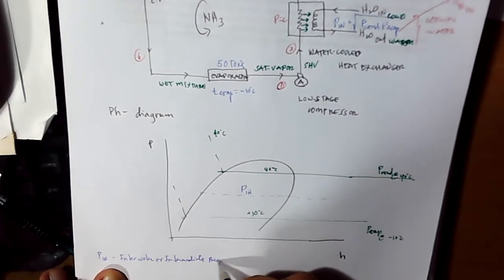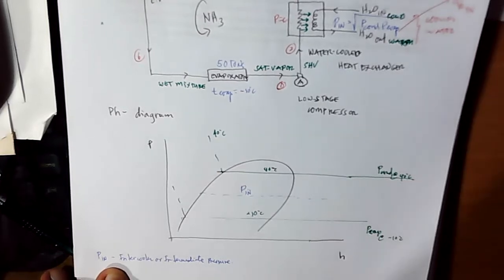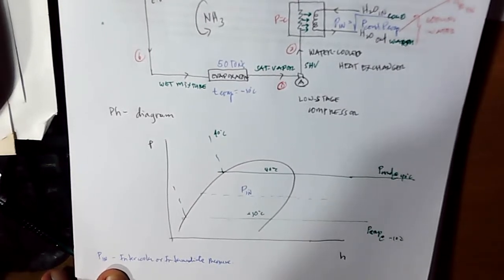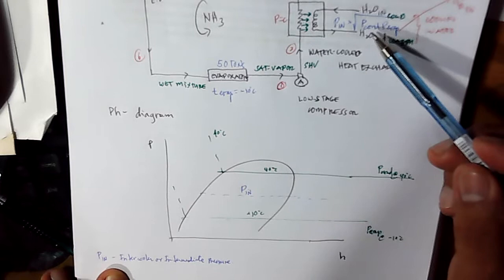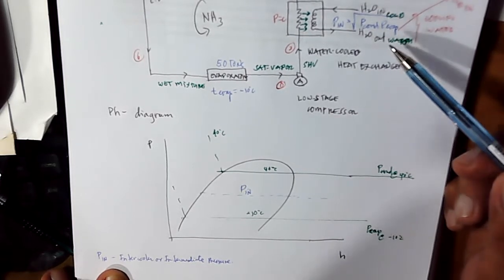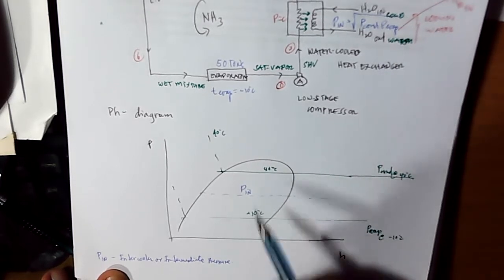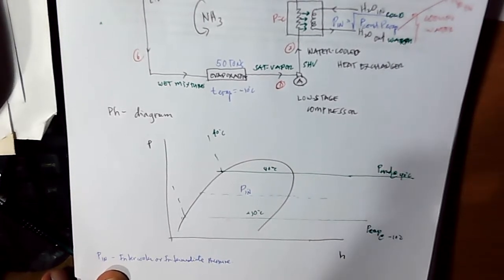Intercooler or intermediate pressure is defined as the square root of the pressure of your condenser multiplied with the pressure of the evaporator. So that is in between condenser and evaporator.